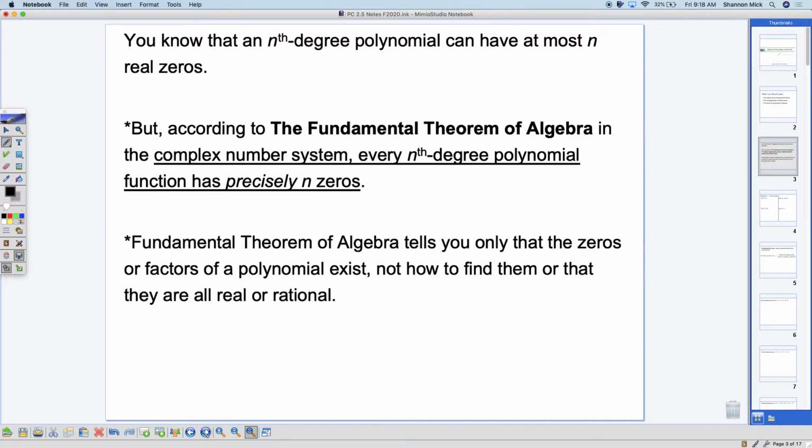So we need to talk about what is a real number. Anything that doesn't have what in it? An i. So anything that doesn't have an i in it is real. What is a rational number? Is the square root of 2 rational? No. Is the square root of 4 rational?